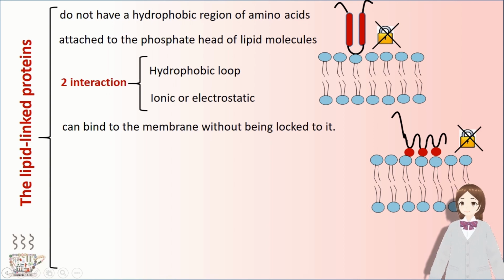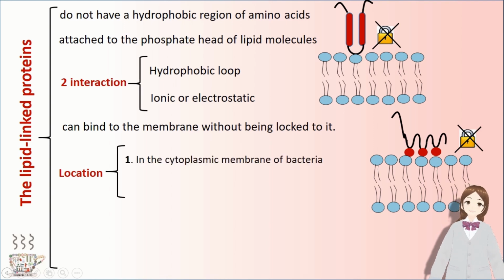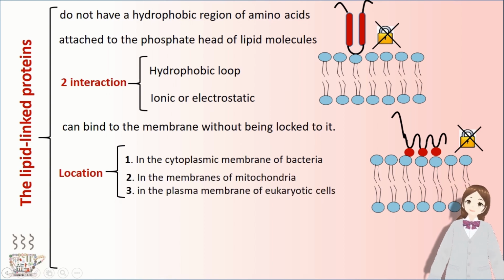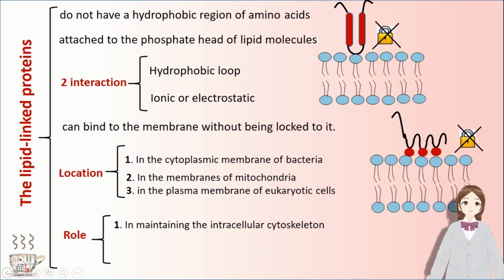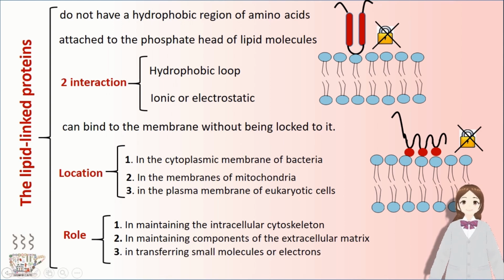They can bind to the membrane without being locked to it. They are located in the cytoplasmic membrane of bacteria, in the membrane of mitochondria, and in the plasma membrane of eukaryotic cells. The main role of them is in maintaining the intracellular cytoskeleton, in maintaining components of the extracellular matrix, and in transferring small molecules or electrons.